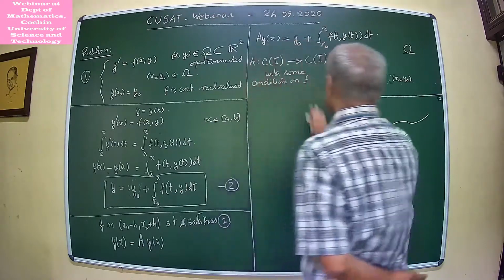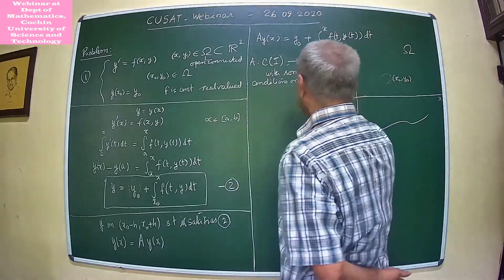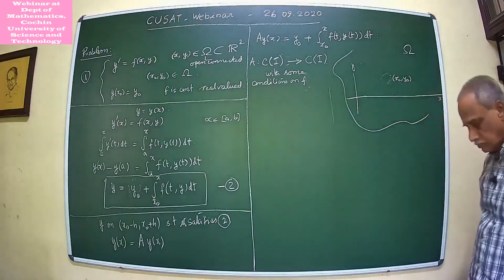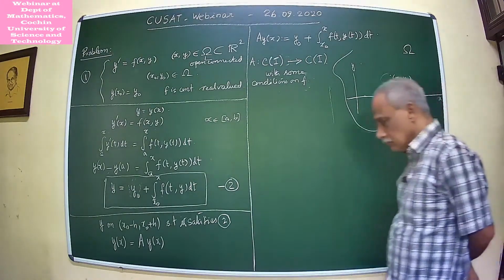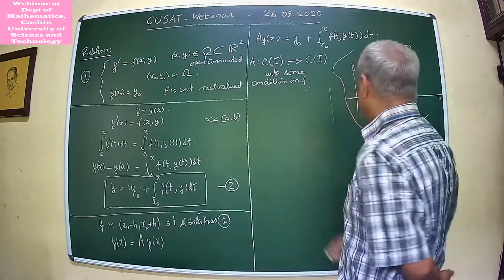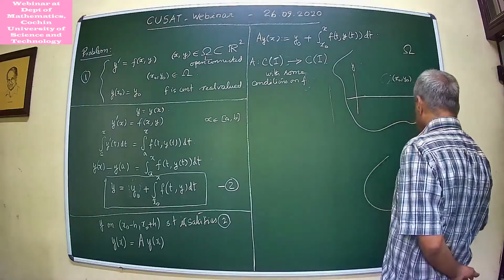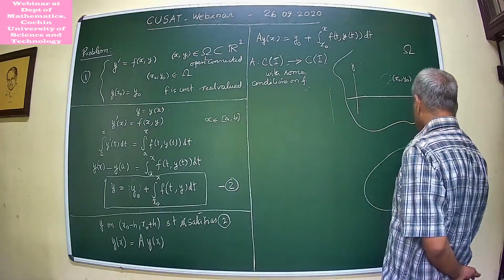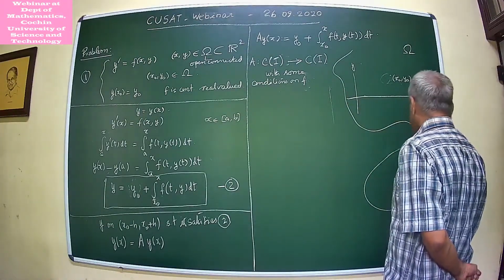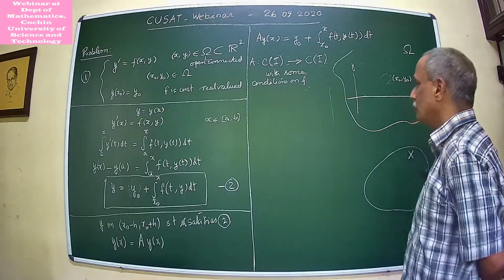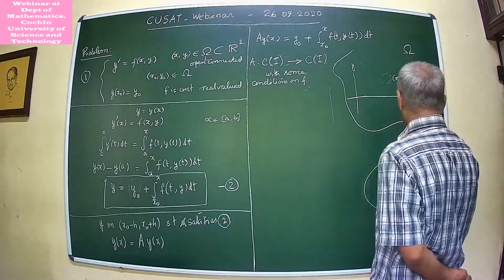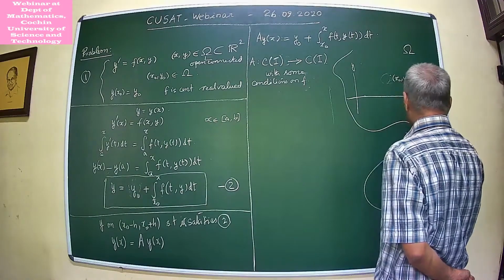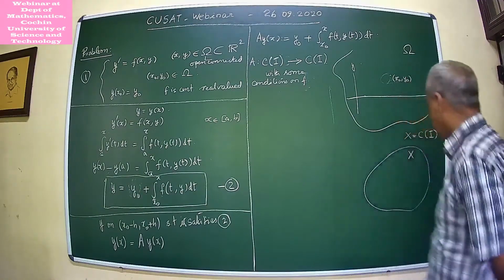Let us assume that on f. That's right, exactly. So you have now C of I, and this is a set. Let me call this X equal to C of I. I will make all these things more precise.